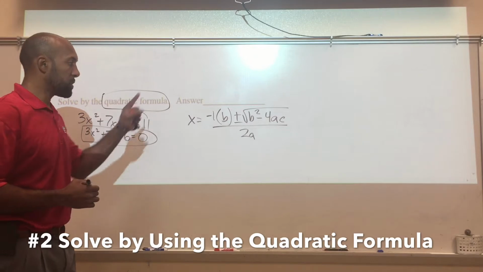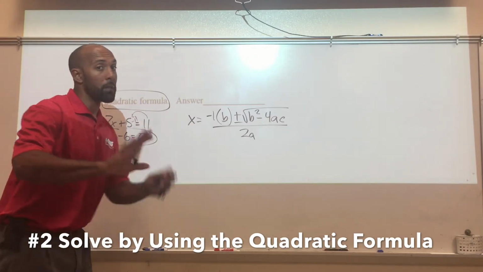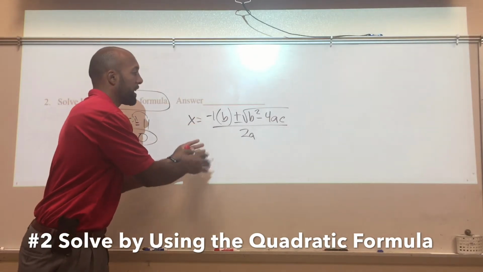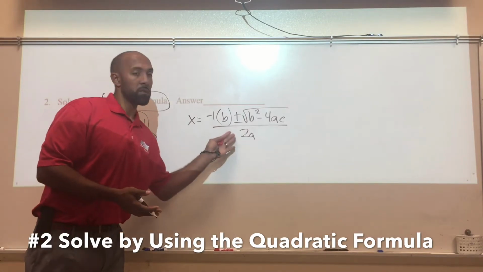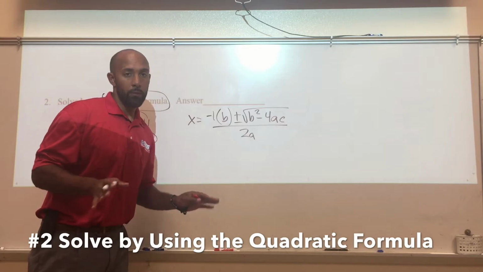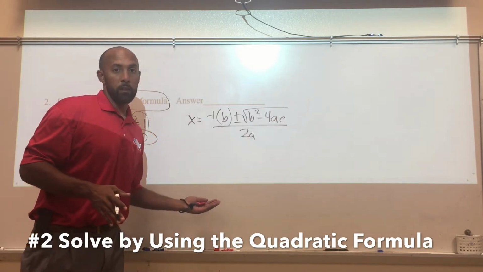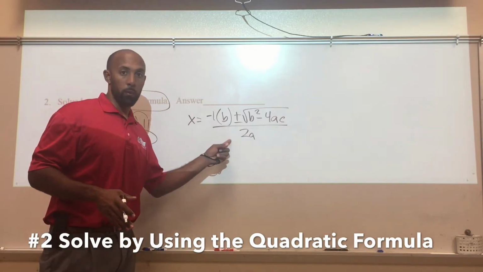So we're going to use that formula to plug this in. And by the way, if you remember this formula, after number 2 in this test, you can solve every single problem in the whole entire test. All you have to do is remember the formula.